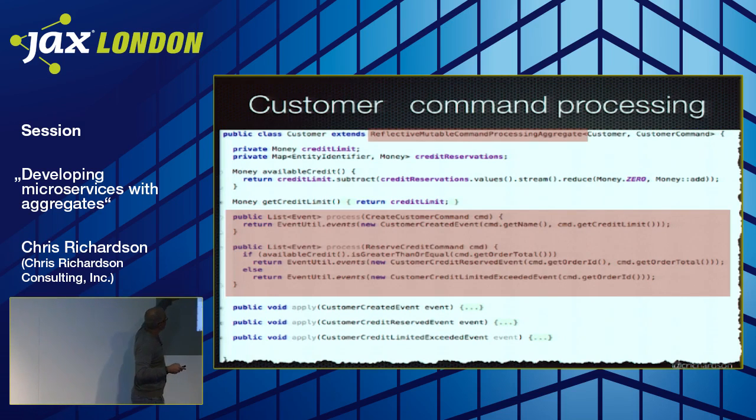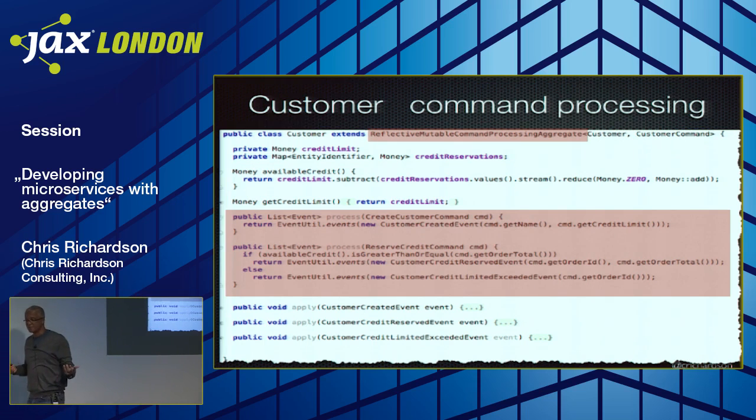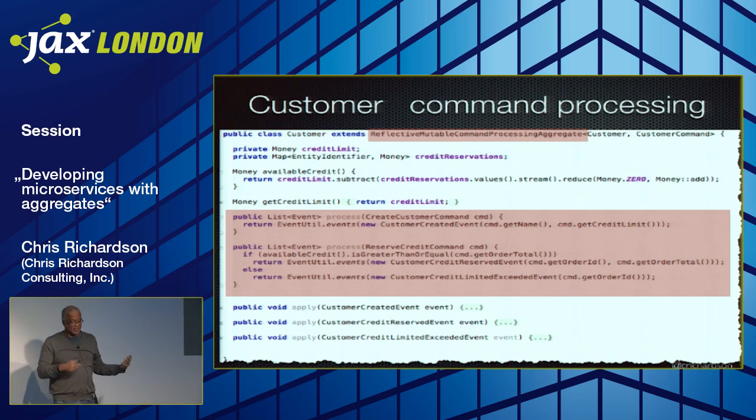There are some process methods. The interesting one is the process method for reserve credit, which says if the available credit is greater than or equal to the order total, so there's enough credit, then return a customer credit reserved event, otherwise return a customer credit limit exceeded event. That's our business logic for reserving credit.